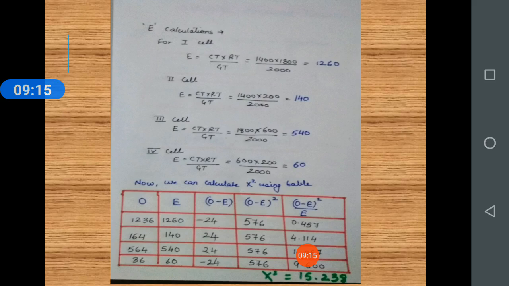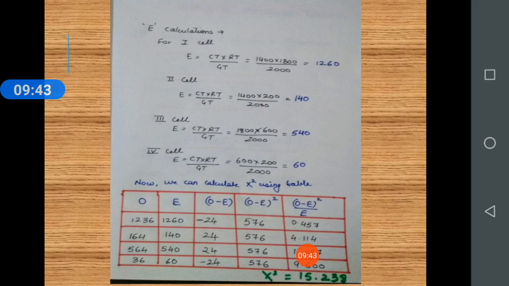The next step will be to find the difference between the observed and the expected frequency. So for the first cell, it is 1236 minus 1260, which is equal to minus 24. The next step is to calculate the square of the difference between the observed and the expected frequencies, which is minus 24 squared, equal to 576.